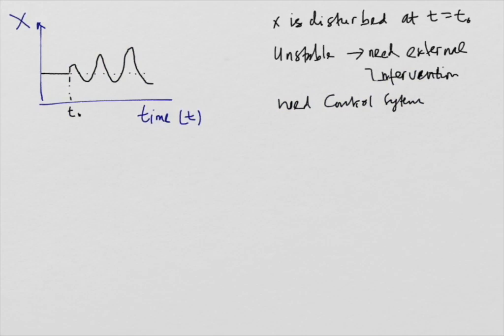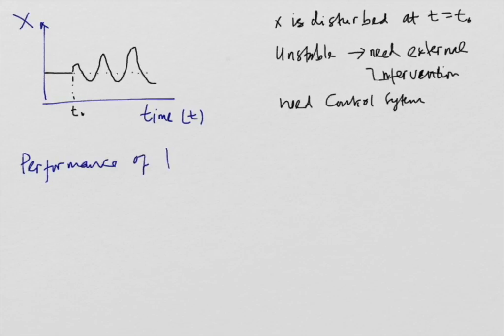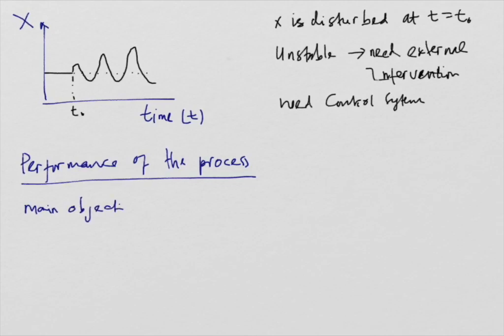So we need the controller too for the system. The third issue is the performance of the process. Okay. To optimize the performance of the process, we have the main objectives here.